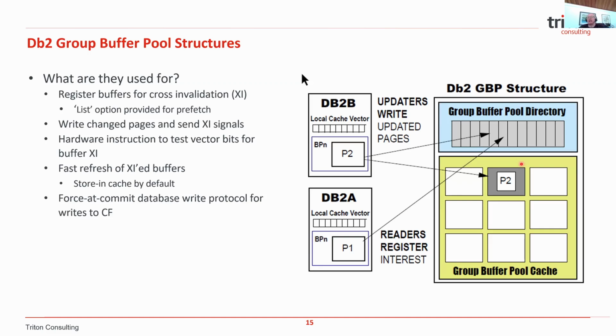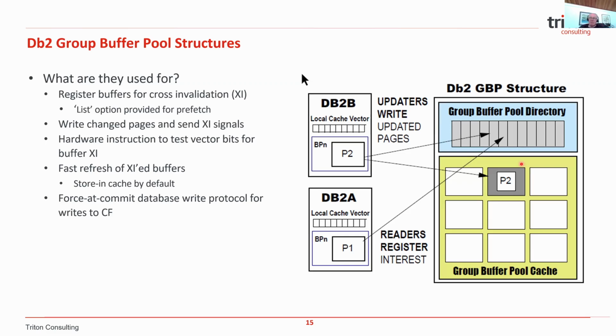So what happens is that when a page is read into a local buffer pool, that page is registered in the appropriate directory entry in the group buffer pool. When a page is updated and pushed into the group buffer pool, like P2 in this example here, then the coupling facility control program will use the information in the respective directory entry to send a cross-invalidate signal to the other members who have interest in that page, causing the bit in what's called the local cache vector to be invalidated.